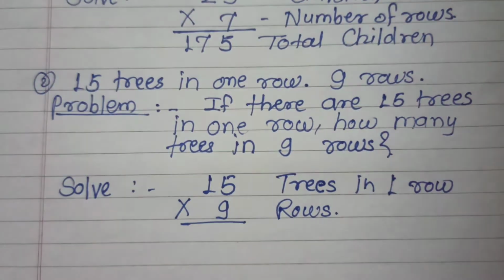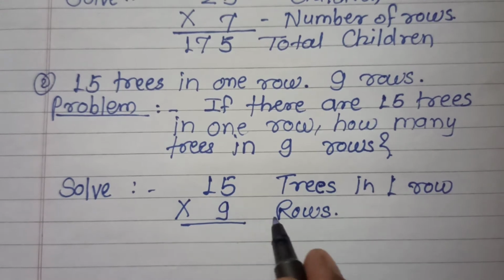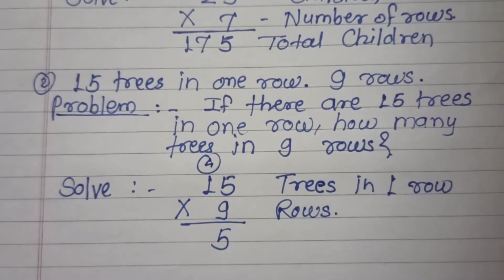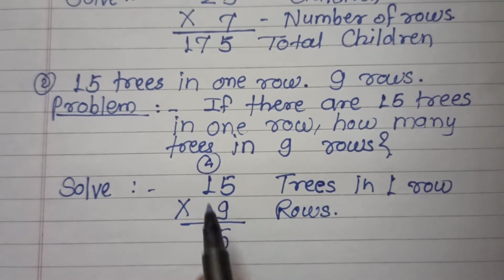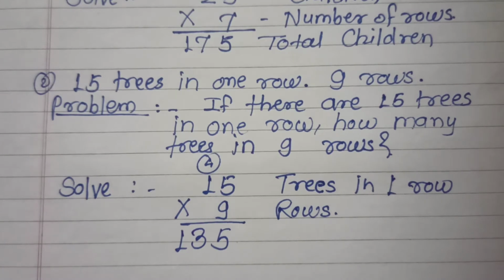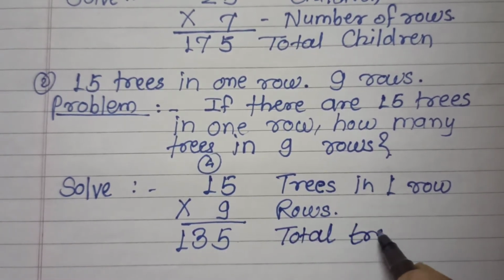Look at this here, 9 5s are 45. 4 is carried over. Okay, then 9 1s are 9 plus 4 is equal to 13. This is the total trees.